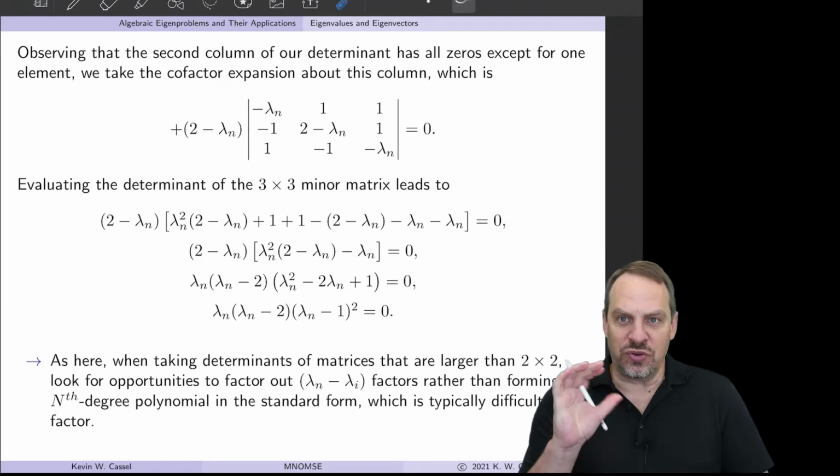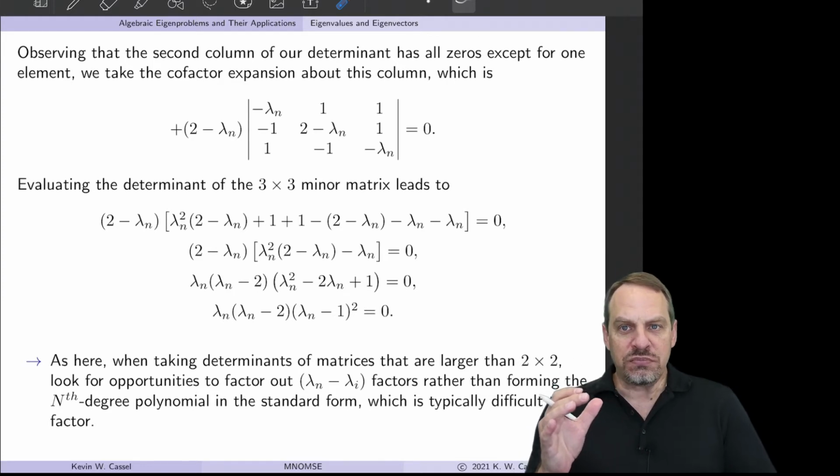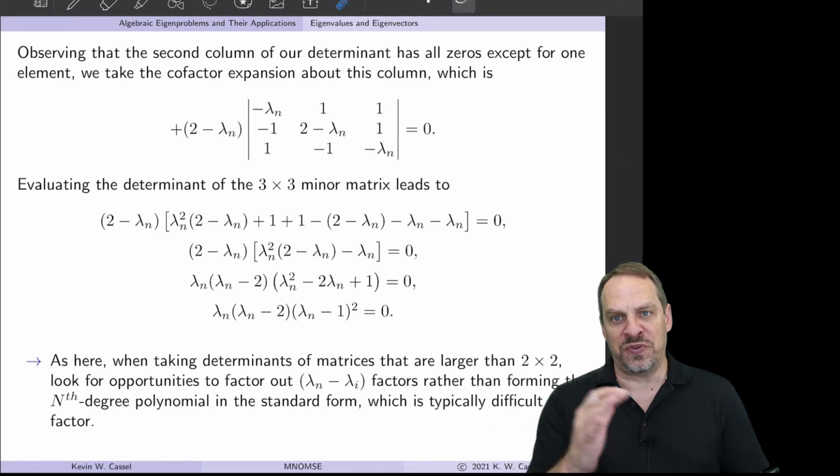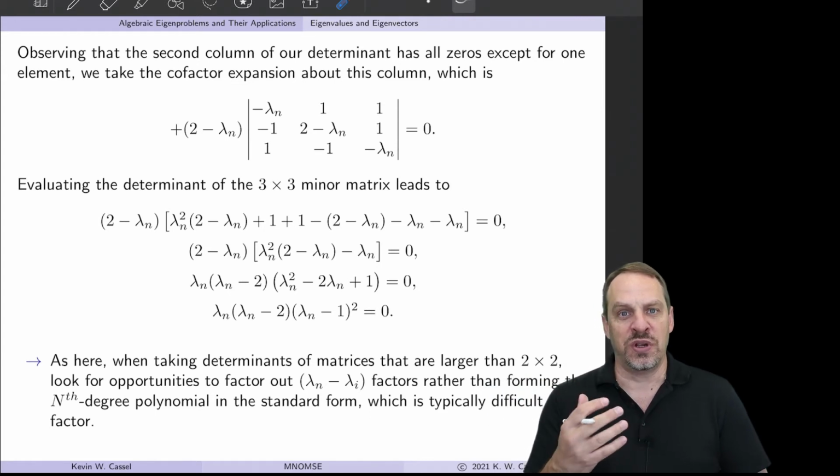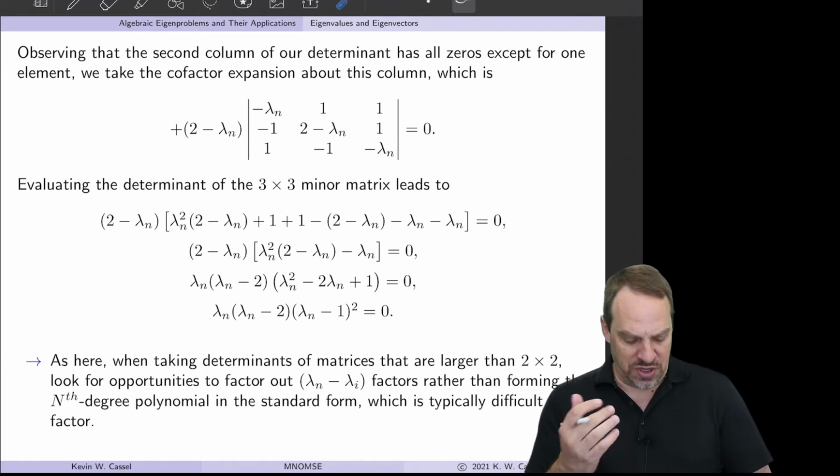Okay, now normally the temptation would be to multiply this all out and simplify it down to, in this case, a fourth order characteristic polynomial.